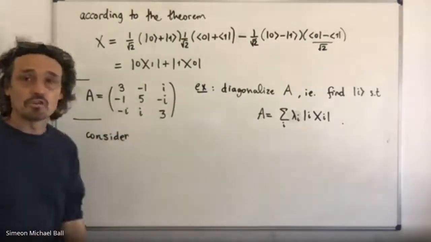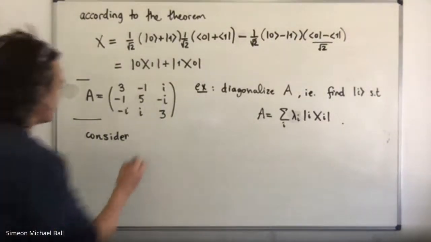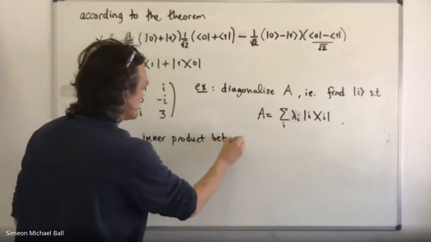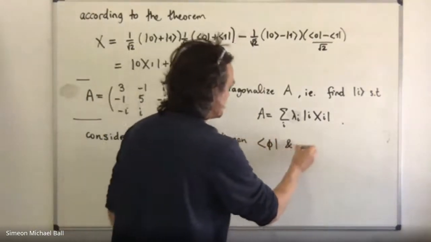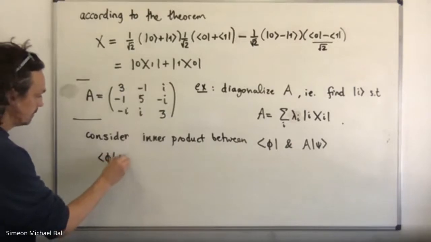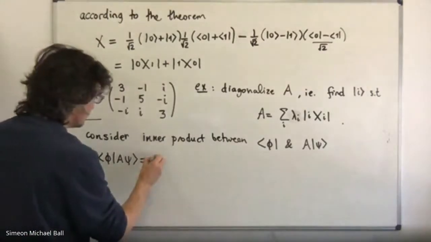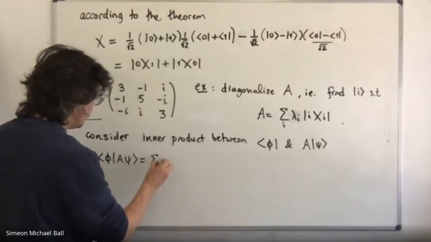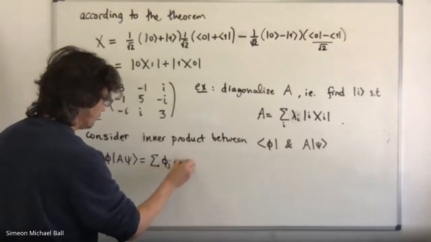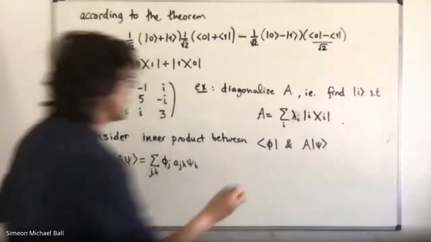Now, Hermitian conjugate. So let's consider the inner product between. Well, so this I should probably have said.